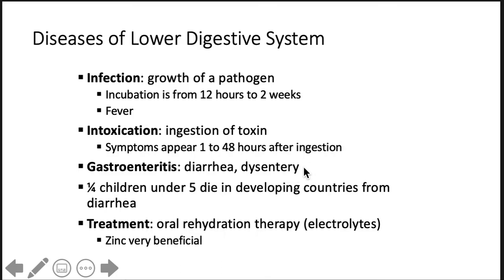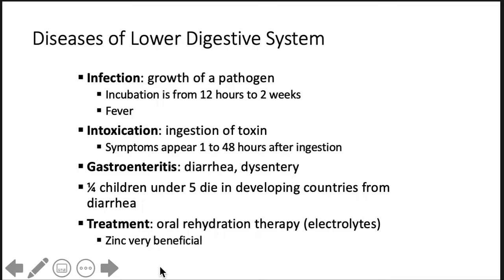But yes, so dysentery, very severe form of diarrhea, very deadly because it can lead to very extreme dehydration very quickly. Sadly, 1 in 4 children under the age of 5 die in developing countries due to that dehydration from diarrhea because they don't have access to safe, clean drinking water.